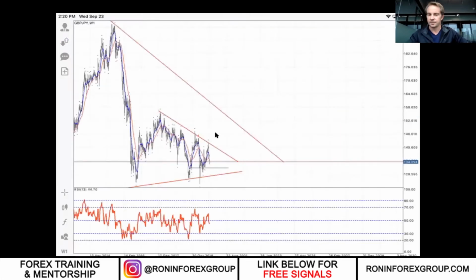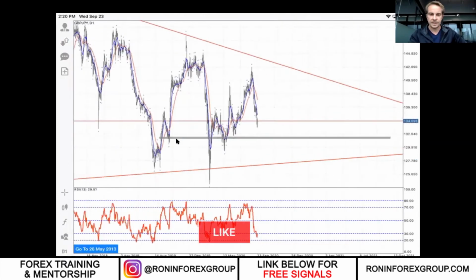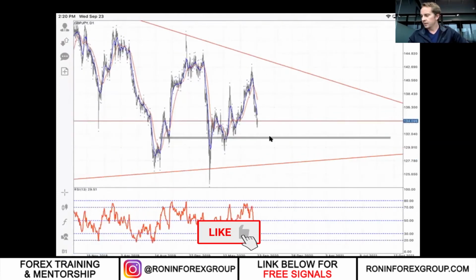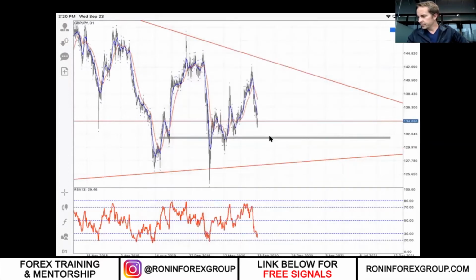So the safest play that you could do, just to recap: we went to the weekly chart and I can see we're trading in this triangle. Then I go to the daily chart and set out my targets here. We also have a nice zone going across right here, and this is zone trading.